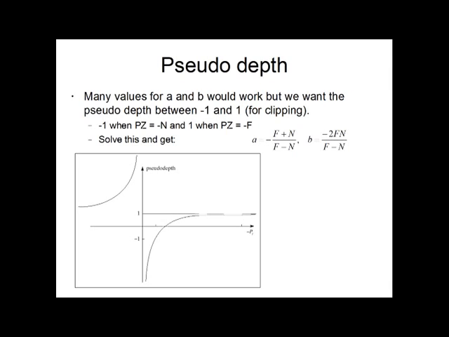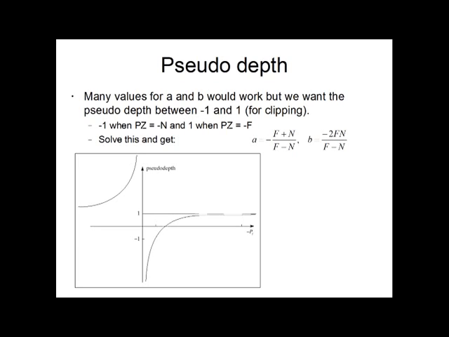So we call this pseudo depth. And the pseudo depth value, we want it to be set up so that values that we're interested in, that is values that land between the near plane and the far plane, which are the planes that we clip away on z, values between -1 and 1 are going to be what we're interested in.